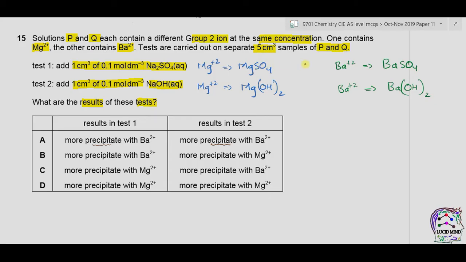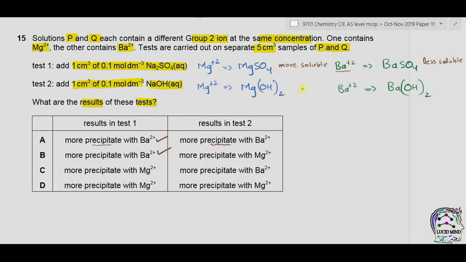Now we know that group 2 sulfates become less soluble moving down in the group, so therefore magnesium sulfate is more soluble and barium sulfate is less soluble. So therefore more precipitate will be formed with barium plus 2 in test 1. So option A and B could be correct.